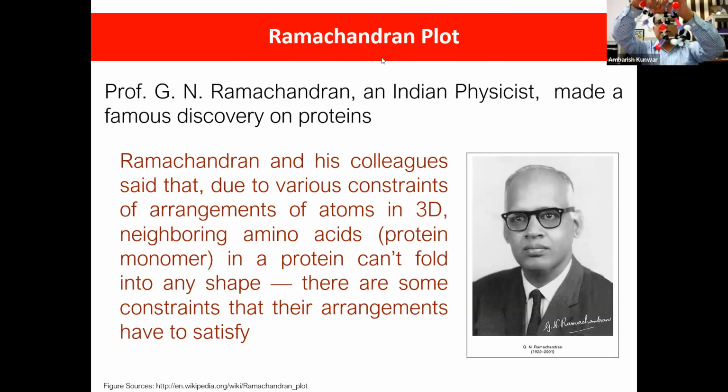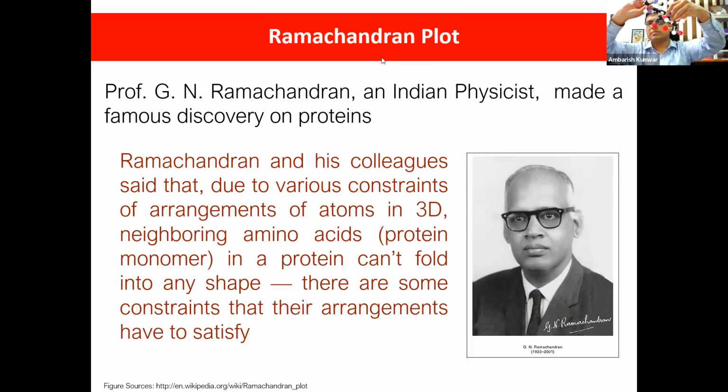So what you see here is a model of a small protein, consisting of, let's say, 4 amino acids. This is a three-dimensional model, and when I start to rotate this protein in an arbitrary manner, you can see there is a lot of clashing.